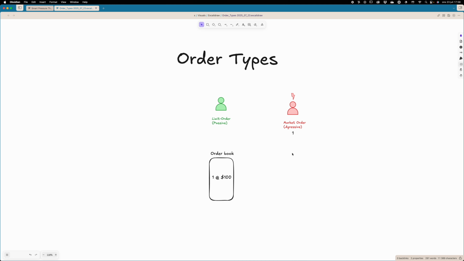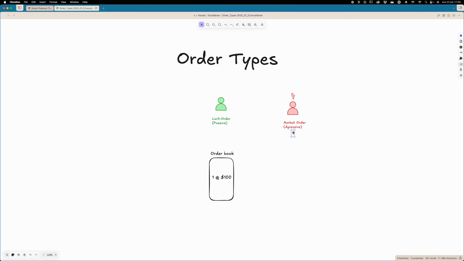So he doesn't care about price so much. He just says, I want to get out now. So his market order goes to the market and gets matched up with the best buy order that he can get. And so a transaction is made.